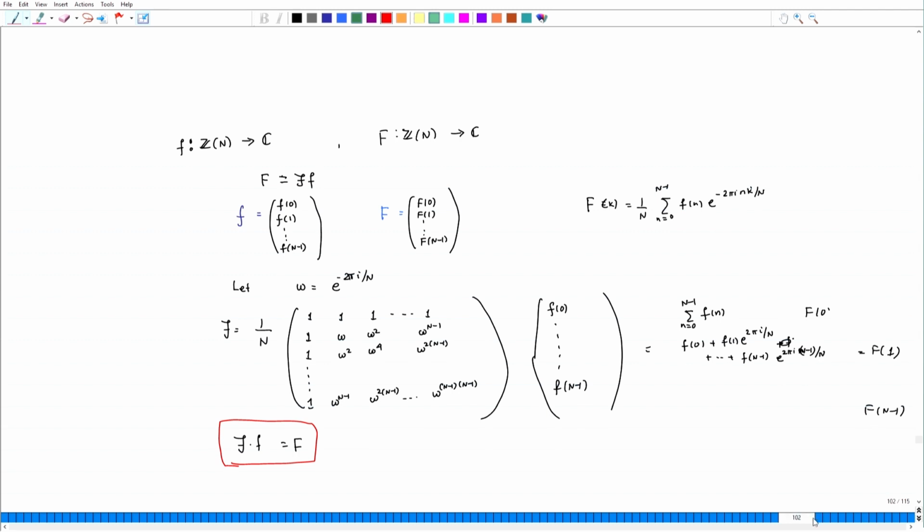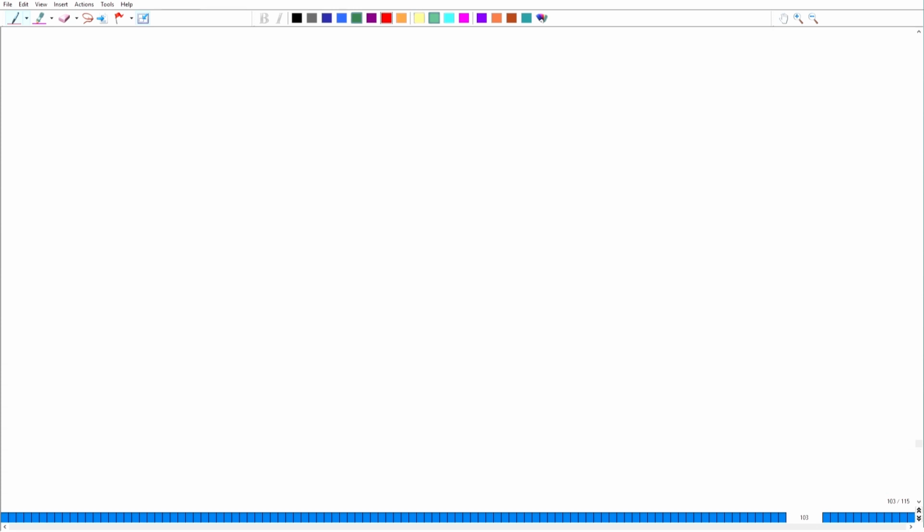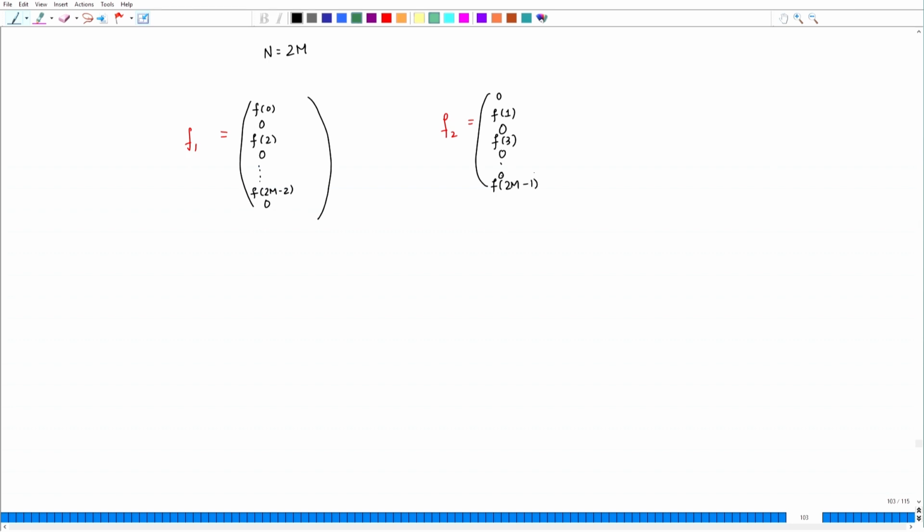Now I define two functions. I will write f1 to be the function with the even-indexed values retained and the odd ones set to zero: f(0), 0, f(2), 0, and so on, up to f(2m minus 2), 0, supposing n is 2m. Similarly, f2 is 0, f(1), 0, f(3), 0, and so on, ending with f(2m minus 1).